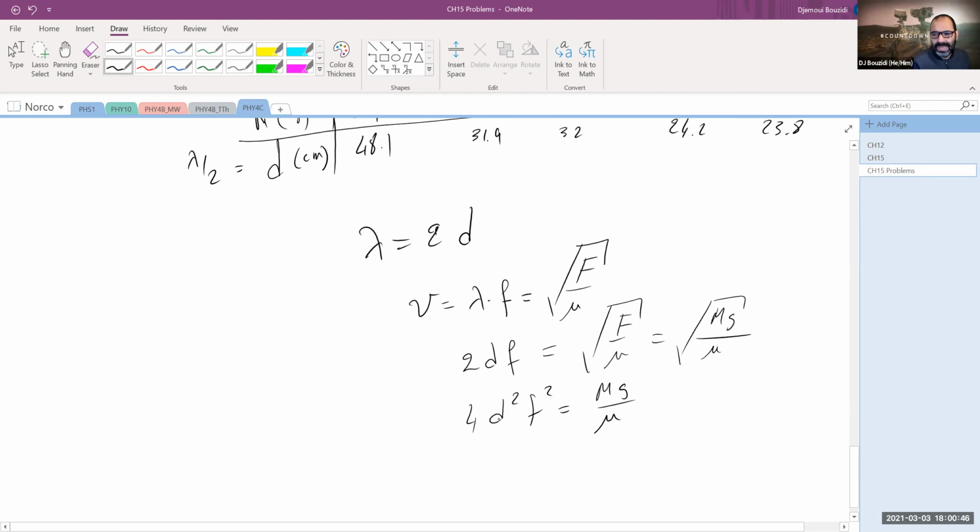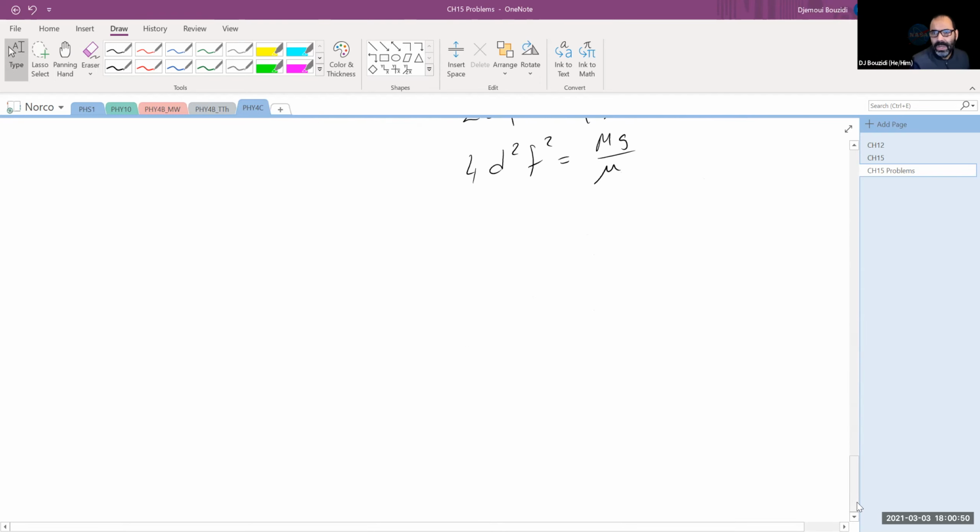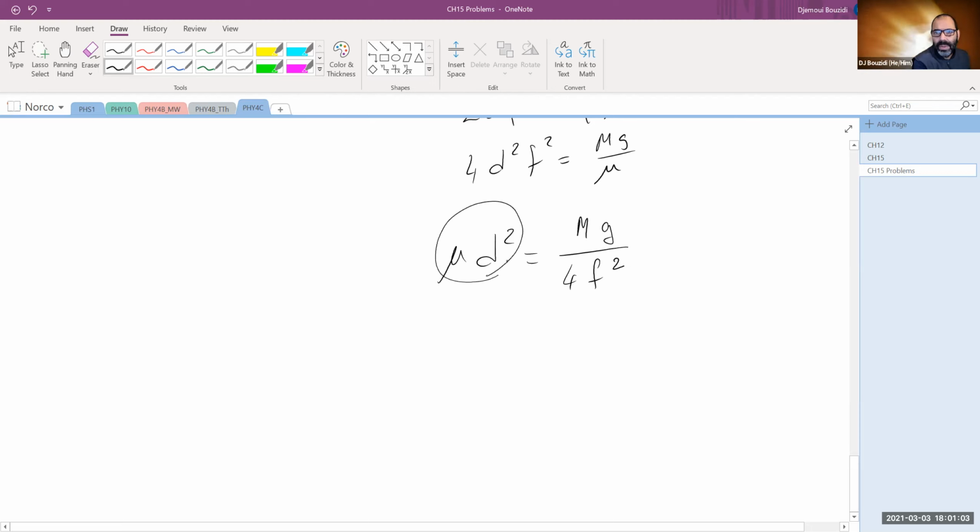So if I come up with mu times D squared, the way that they want us to plot it as a function of M, mu times D squared is going to be equal to M times g divided by 4 times f squared. So this is my dependent variable.